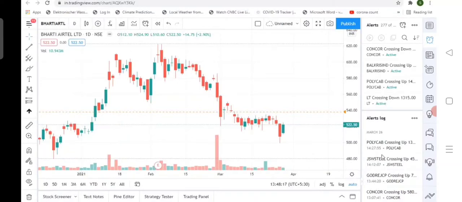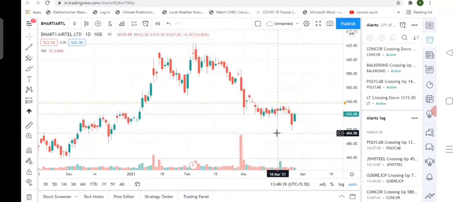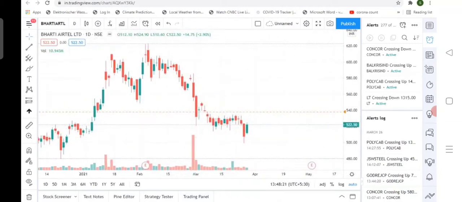10 stocks to start with. Okay, let me tell you 10 stocks to start with. Everyone note it down. I am also writing it down in the chat window.